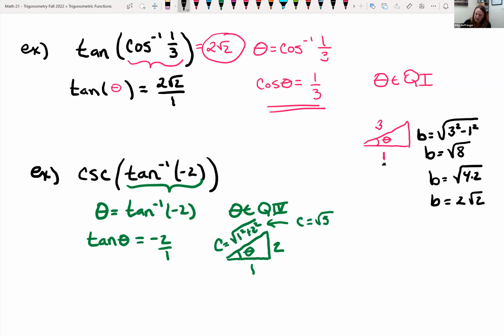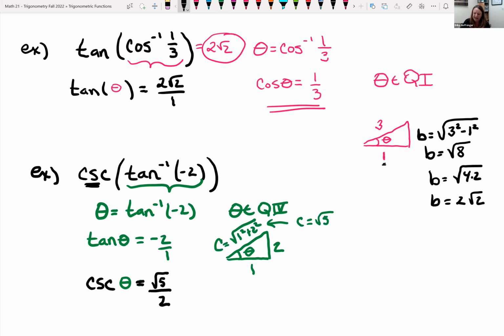So now we're looking at cosecant of theta. Well, cosecant is 1 over sine, and sine is opposite over hypotenuse. So cosecant is hypotenuse, which is square root of 5, over the opposite side, which is 2.